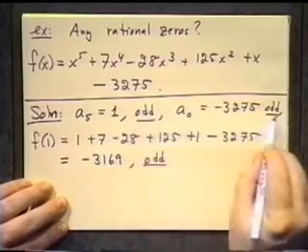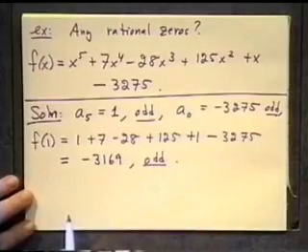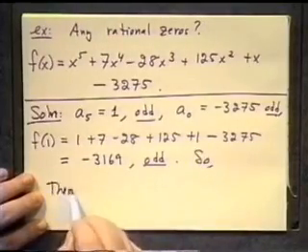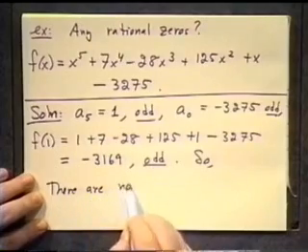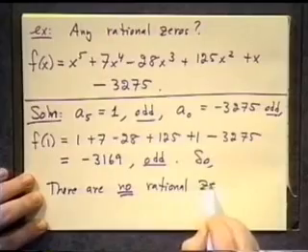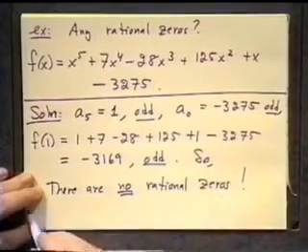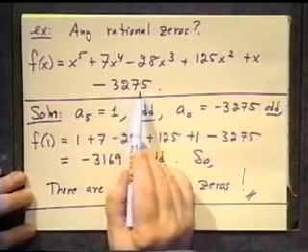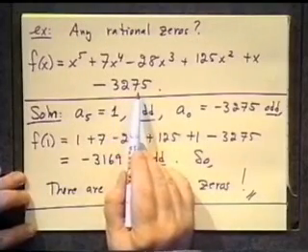So all of these are odd, which means the conditions of the theorem are met. So there are no rational zeros. Therefore, you need not check all of the divisors of 3,275, because that would be very tedious.